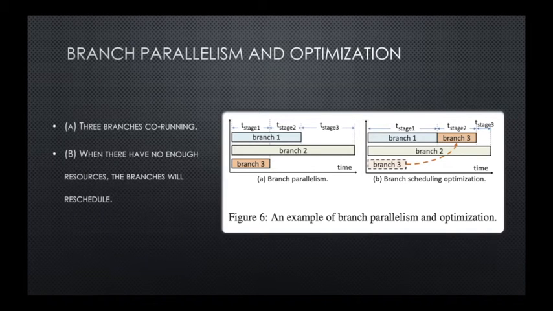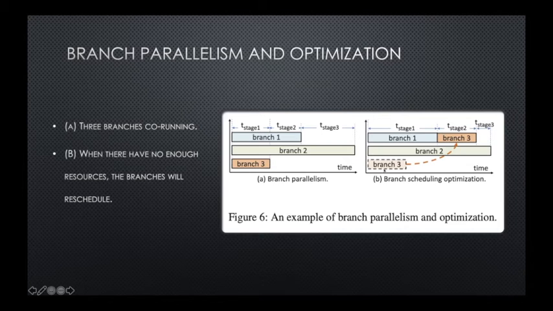And then let's talk about how to handle parallelism. Here is an example. In A, if we co-run the branches simultaneously, independent branches can be executed in parallel, then the execution can be partitioned into 3 concurrent tasks. The performance model will estimate the finish time for each branch, and then we use the finish time to label the stages: stage 1, stage 2, and stage 3.